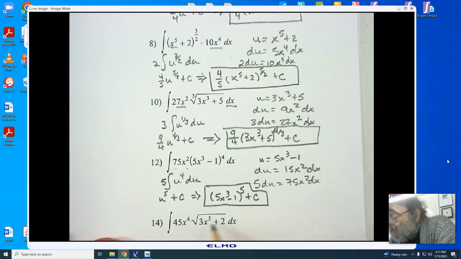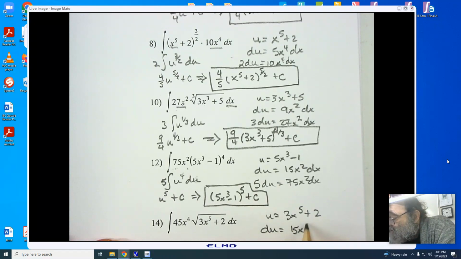Next, 5th power to the 4th power, so we have u equaling 3x to the 5th power plus 2. du is then going to be 15x to the 4th dx. We need to multiply it by 3. du equals 45x to the 4th dx.